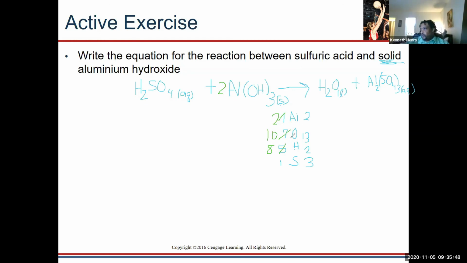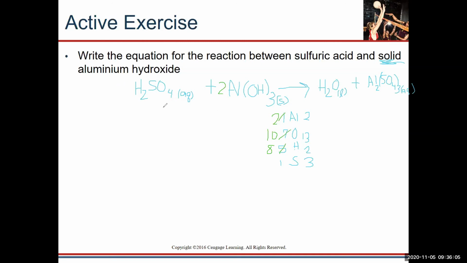Let's see. So what do I need to do to balance? How many sulfurs do I have? How can I make that so there's... You're gonna need to make 3 sulfuric acids, okay?